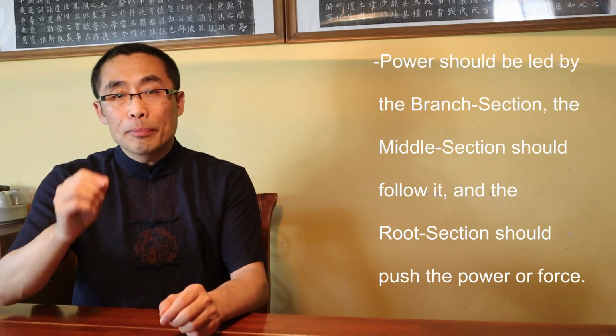This is the key principle of internal style martial arts movement. I will definitely elaborate on this topic in the future. By the way, the concept of 三节, or three sections, can be applied in a much more detailed fashion in analyzing martial art movements.